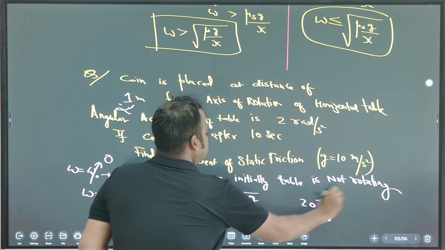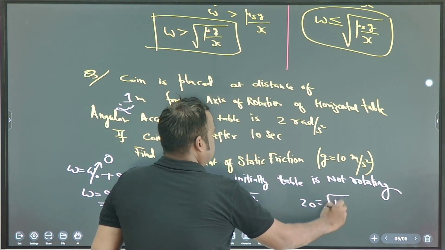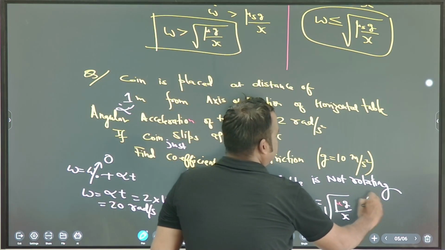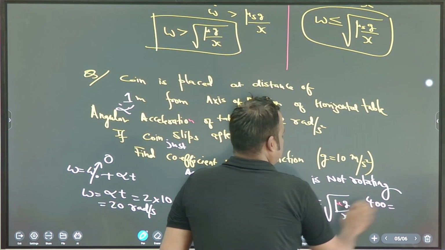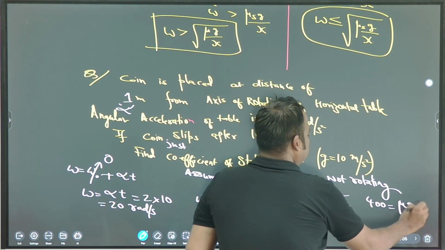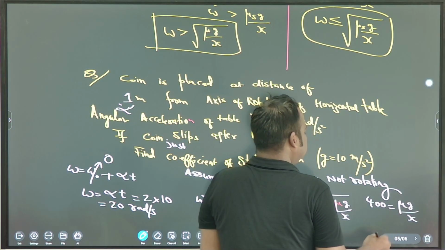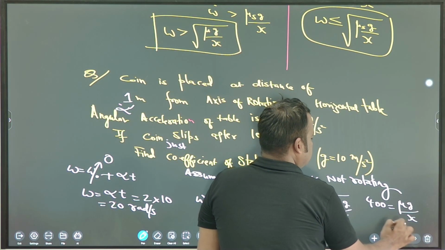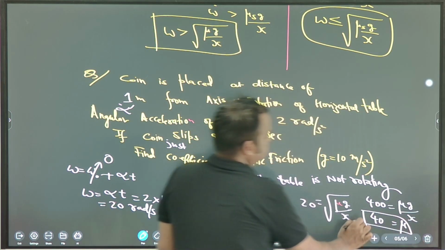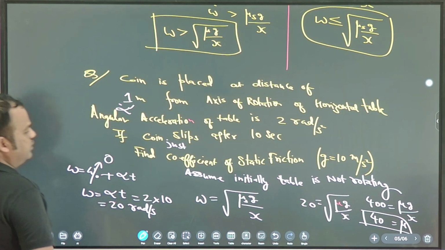So 20 is equal to the square root of mu g by x. Taking a square on both sides, 400 is equal to mu g by x. X is 1. So what is mu? 40. Mu is 40.